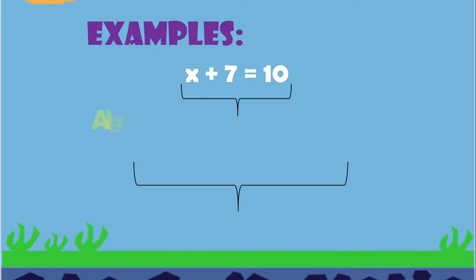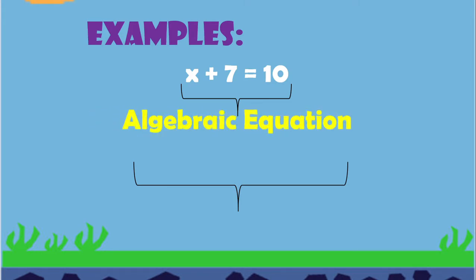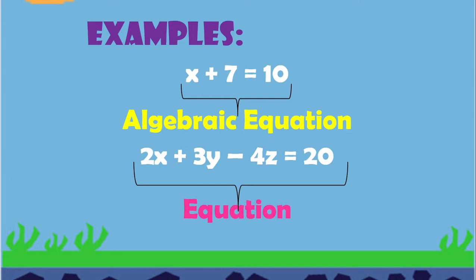That is an algebraic equation. Now, notice that the equal sign divides the left side and the right side of the equation. So x plus 7 is on the left side and positive 10 is on the right side. 2x plus 3y minus 4z equals 20 is still an algebraic equation, or we could just simply call it equation. They are just the same.